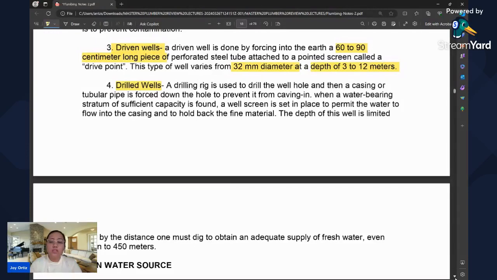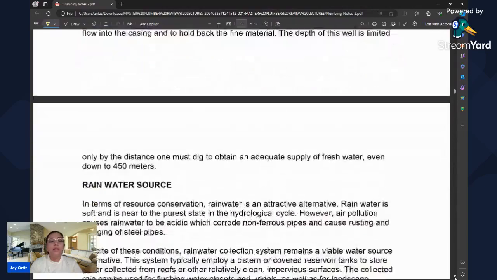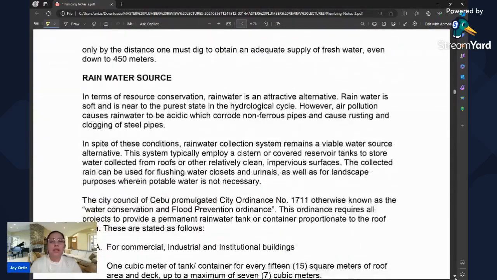So, when a water-bearing stratum of sufficient capacity is found, a well screen is set in place to permit the water to flow into the casing and to hold back the fine material. So, the depth of the well is limited only by distance. One must dig to obtain adequate supply of fresh water, even to the pinakamalalim, it's 450 meters. Okay, so that's for the well.